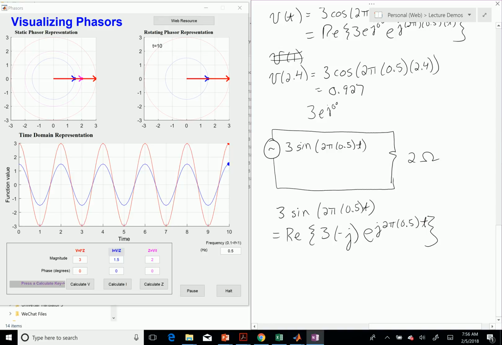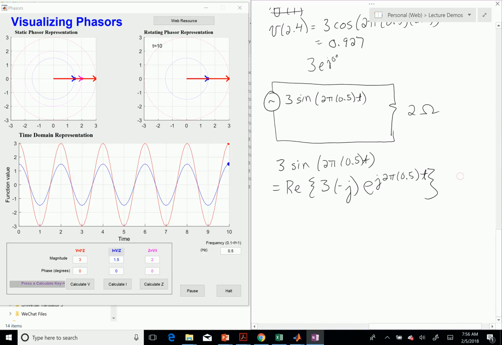And I said this minus j represents a rotation by negative 90 degrees. So minus j is equal to e to the minus j 90 degrees. So this becomes 3 e to the minus j 90 degrees times e to the j 2 pi 0.5 t. This here is now my V phasor.